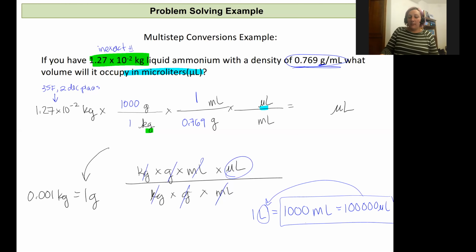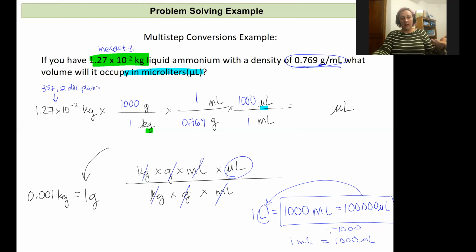I could also divide both sides by 1,000 and come up with the conversion factor that 1 milliliter equals 1,000 microliters. So I'll use that one. So my 1 milliliter will equal 1,000 microliters. Be careful, microliters and milliliters can look really similar depending on the handwriting. The micro is really using a mu symbol, and milliliter is using an M symbol.